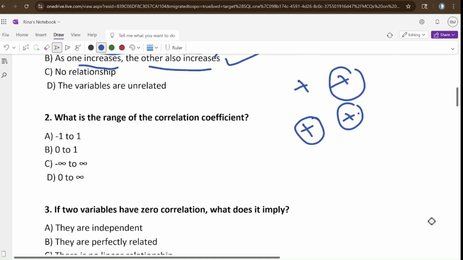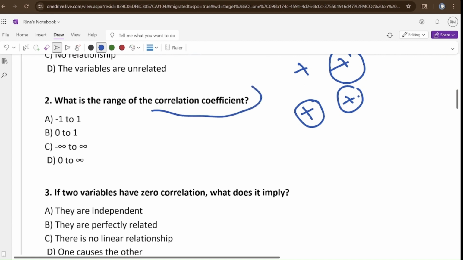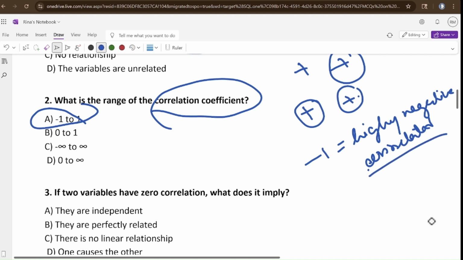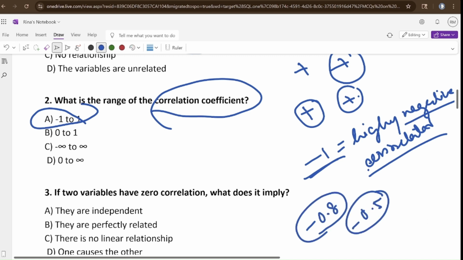Fine. What is the range of the correlation coefficient? The range is -1 to 1. -1 means highly negatively correlated. Correlation tells you how strongly they are connected. -1 is completely negatively correlated, -0.8 is also strong, and -0.5, -0.3 is negatively correlated but not strongly.